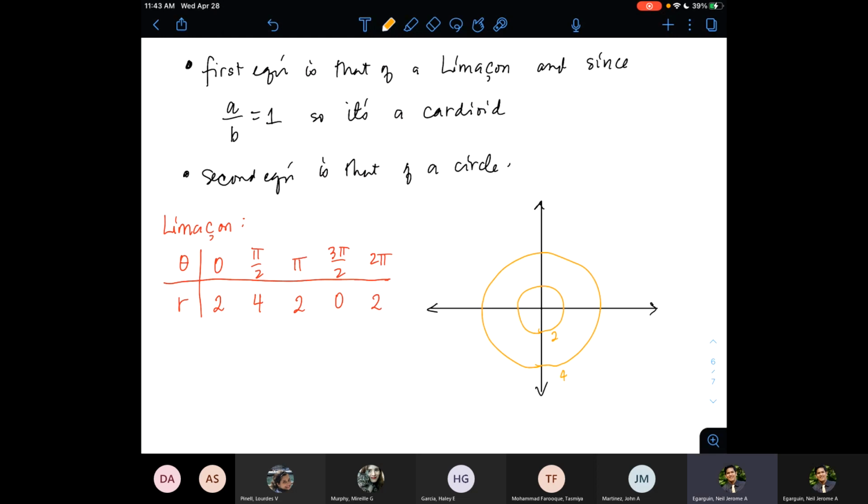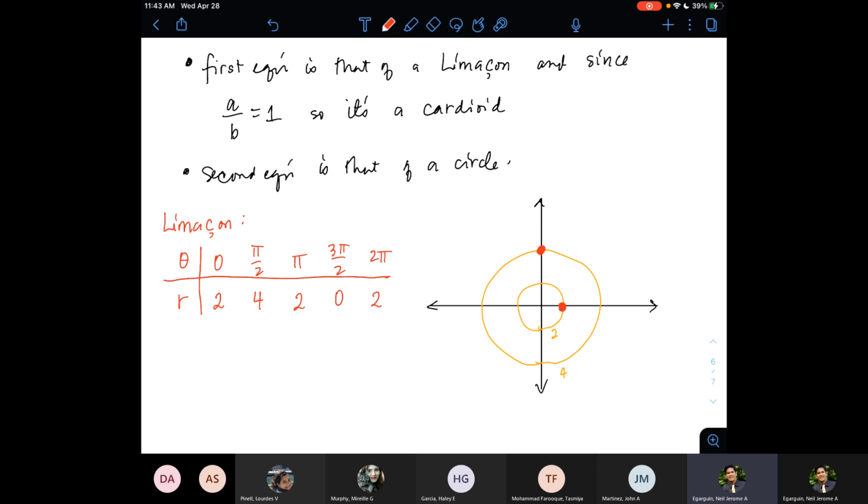All right. Now let's plot the points. When theta is 0, so we are here at the theta equals 0 ray, r is equal to 2. So I'll put the point here. That's my first point. The second point would be at theta equals pi over 2. We're here, and we need to travel 4 units along this ray, so I'll go on the larger circle.